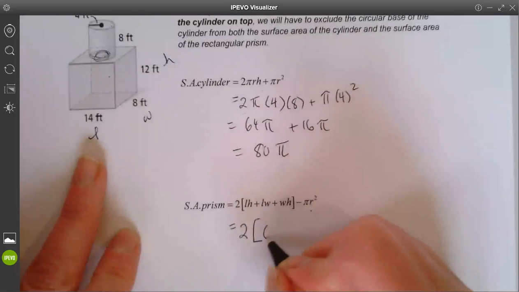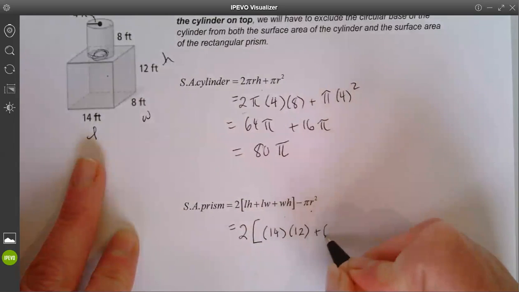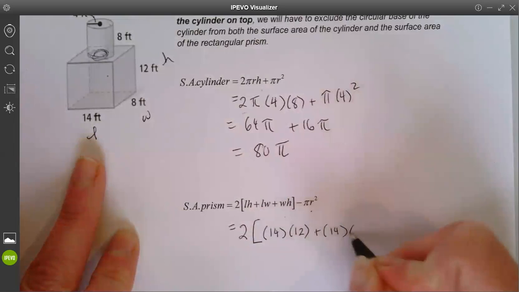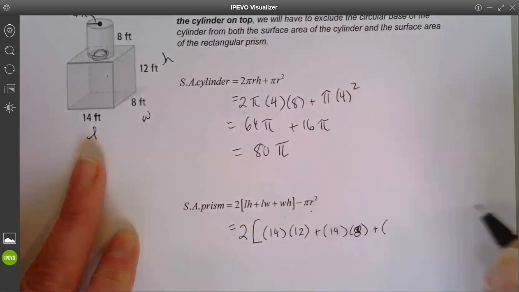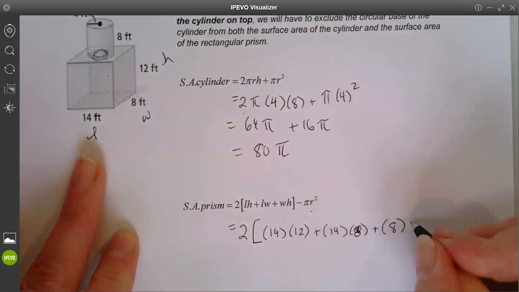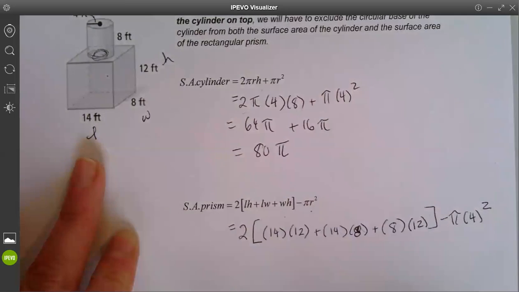So our length is 14, our height is 12, our width is 8, times height of 12, and our radius of our circle is 4.